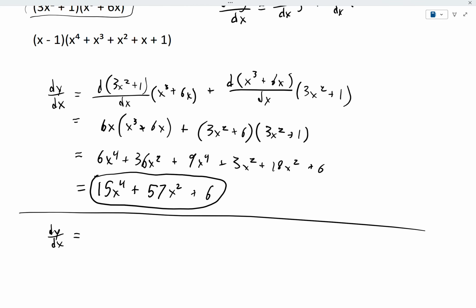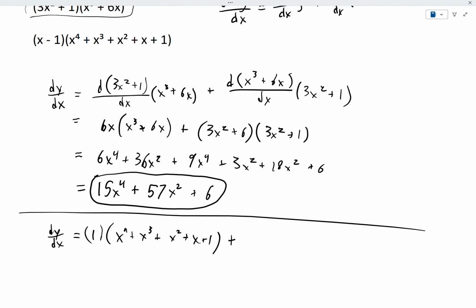So I'll say that dy dx is equal to derivative of the first, which I can just look at and say, okay, the derivative of the first is just 1, times the second function, which is x to the fourth plus x to the third plus x squared plus x plus 1, plus derivative of the second function.